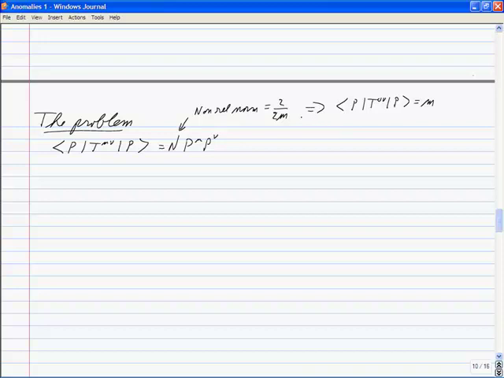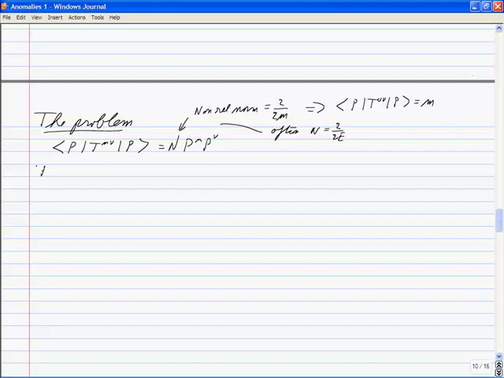In our normalization, often the one we use, n is 2 over 2E, but that doesn't matter for the argument.